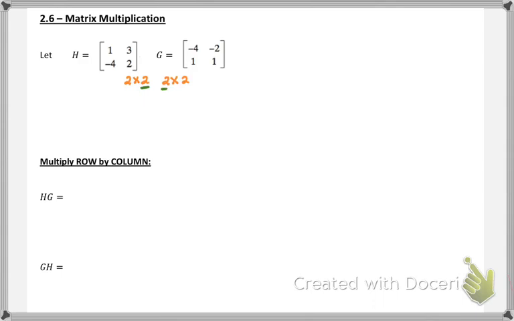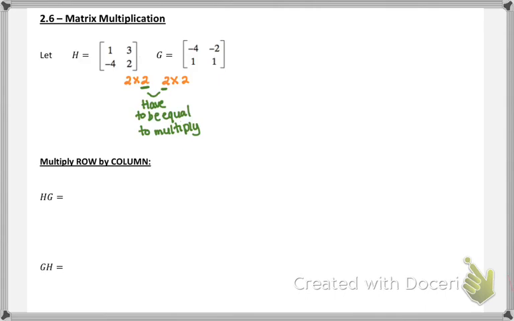And so in this case, we can multiply these, because the two inner numbers have to be the same, have to be equal.